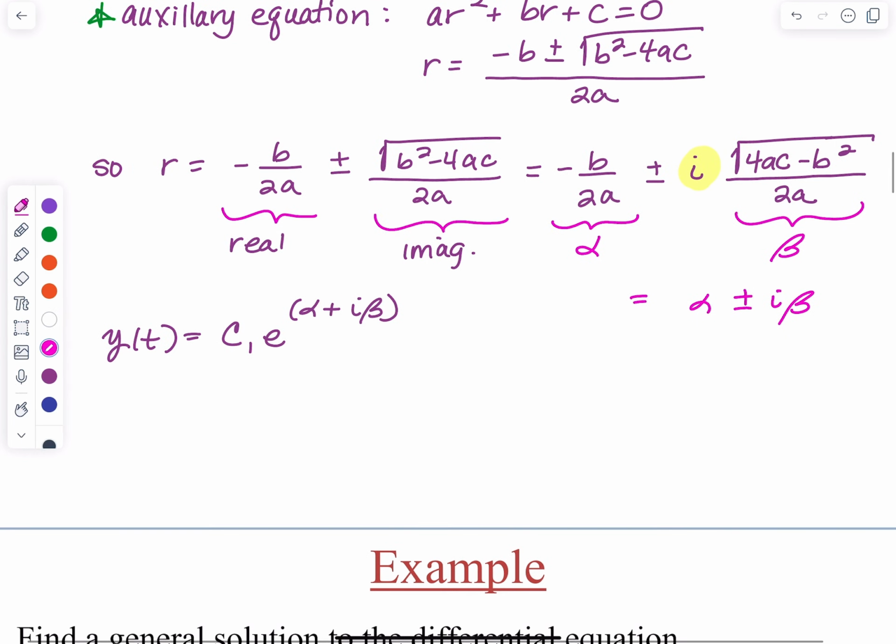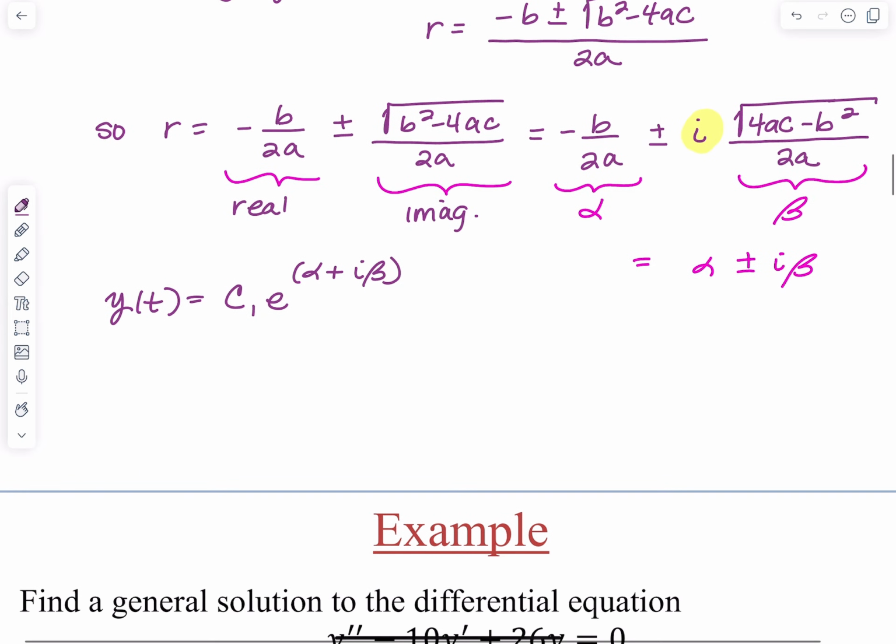And now we can write our solution as c1 e to the alpha plus i beta t. And as you can see, we will have plus a second constant multiplied by e raised to the alpha minus i beta t.